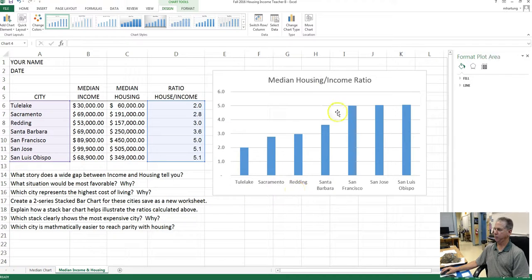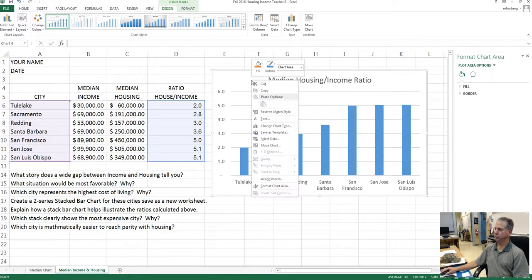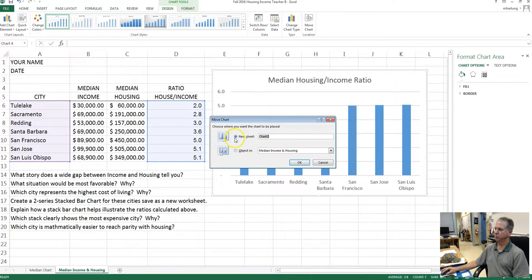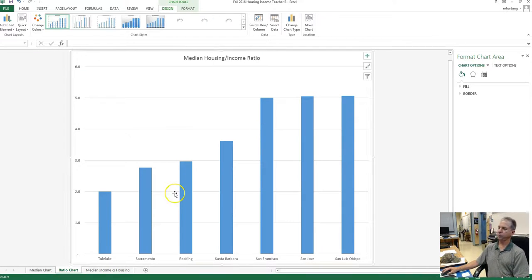And click OK. And then if we want to, we can go ahead and move that into its own sheet. And so we have the median chart there. Now we could call this new one, well, let's call it our ratio chart. And there we go.